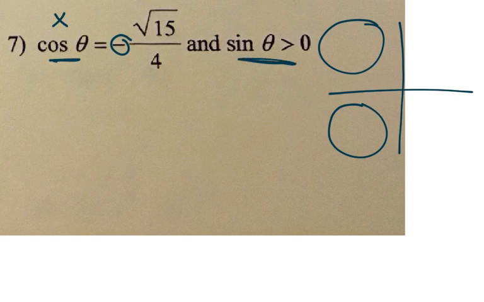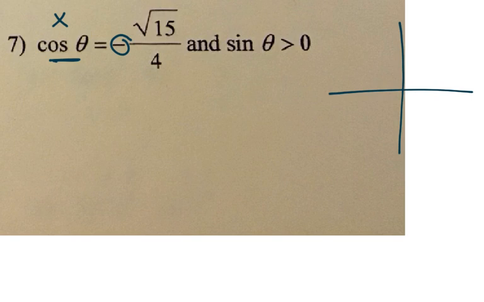We know that sine is positive. Sine is our y-coordinate, so putting those two facts together, we know our triangle must be here, in quadrant 2, where cosine is negative and sine is positive.